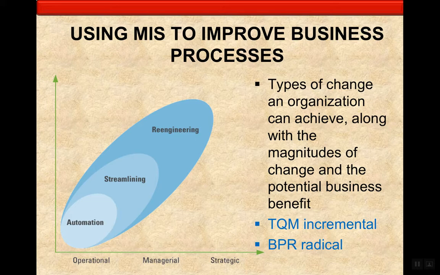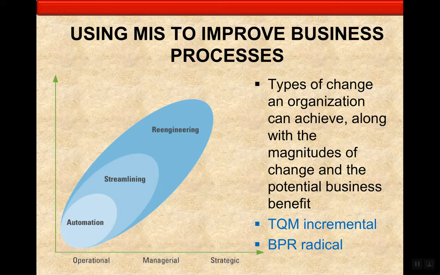Instead of having everything be manual, pieces of this can be fully automated or maybe partially automated to improve efficiency. From a managerial perspective, we can do streamlining, the idea of being able to restructure how things are done, identify inefficiencies, and reorganize and restructure.